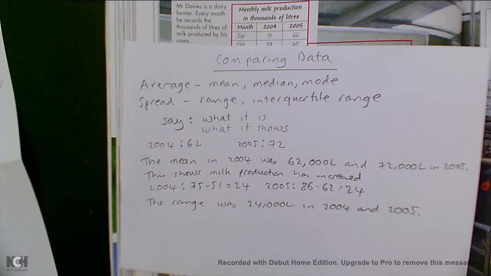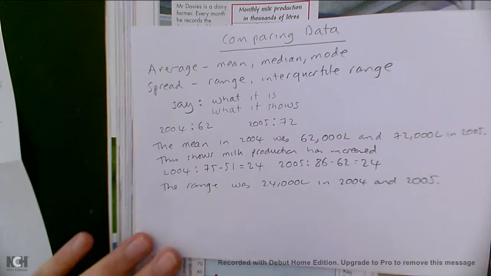So the kind of words you want to use is varied or consistent. Because the range was the same in both years, it means that the output of milk was as consistent in 2005 as it was in 2004.